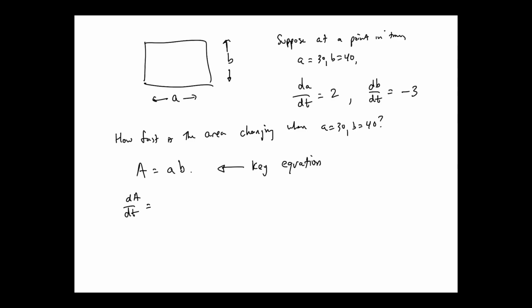Okay, so if I want to take the derivative of AB, what am I going to have to use? The product rule, because neither of them are considered constants. Okay, so if I do that, what's the product rule say? Derivative of a product is one thing times the derivative of the other plus the other times the derivative of the one.